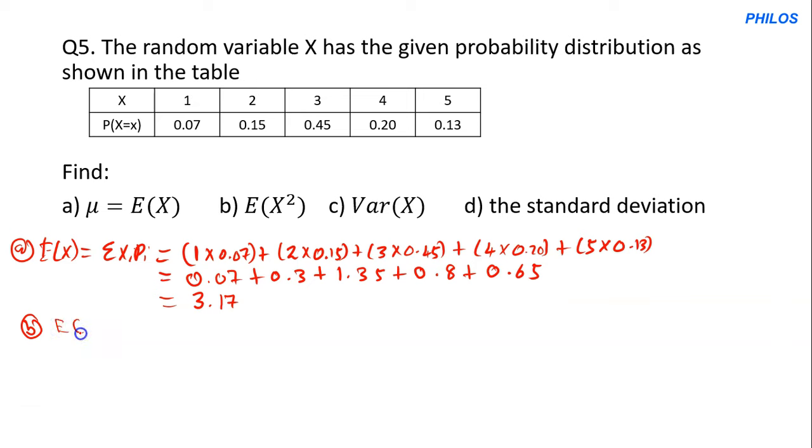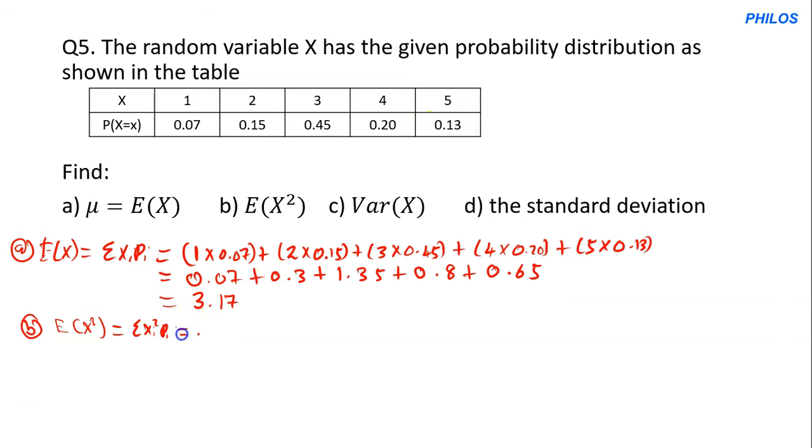So the expected value of x squared is equal to the sum of xi squared times pi. What it means is you take the first x and square it and multiply it by its probability, plus the second x squared times its probability, plus the third x squared times its probability, continuing to the last x.